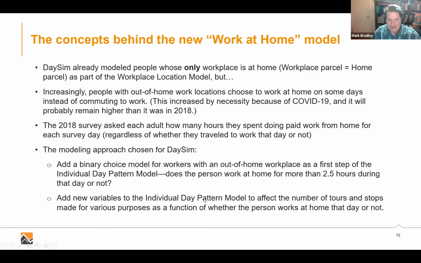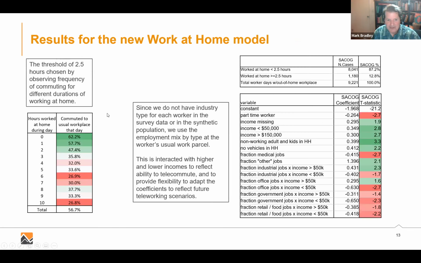So we added new variables to the day pattern model, conditional on this choice of whether they worked at home during the day or not. So people can do both. They can work at home and commute to work. And a lot of people do actually do that, or at least they did before the pandemic and probably will again. So this is an analysis of the survey data.